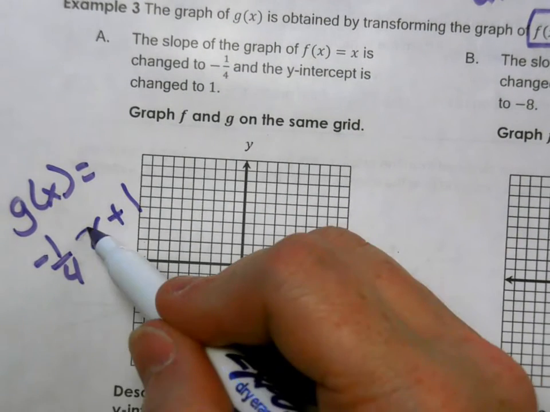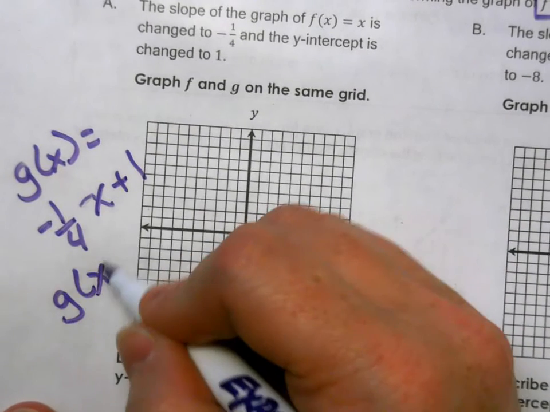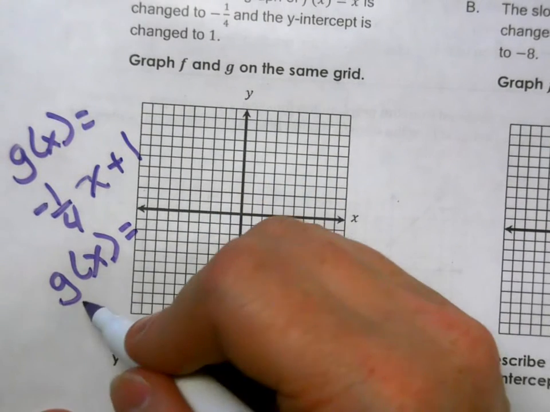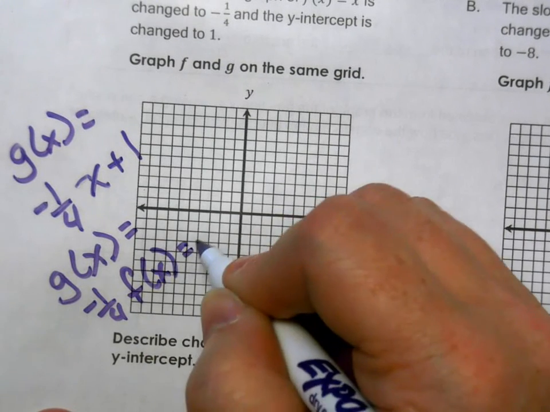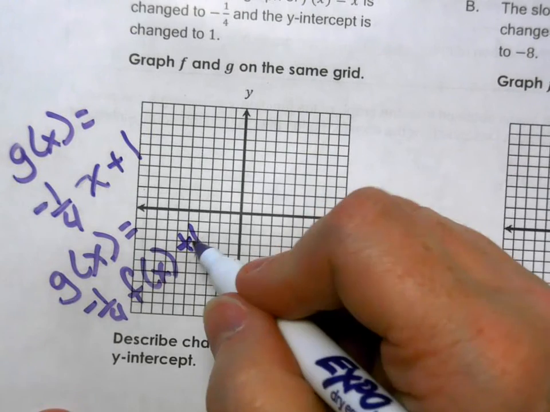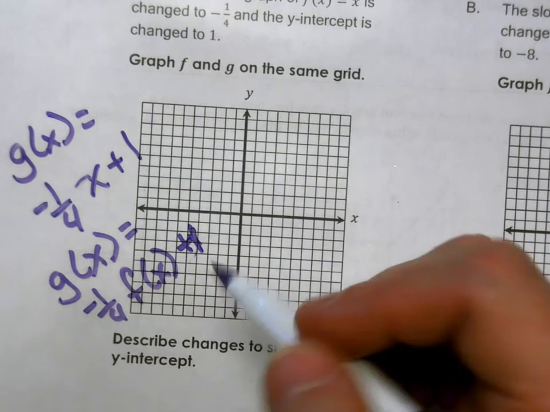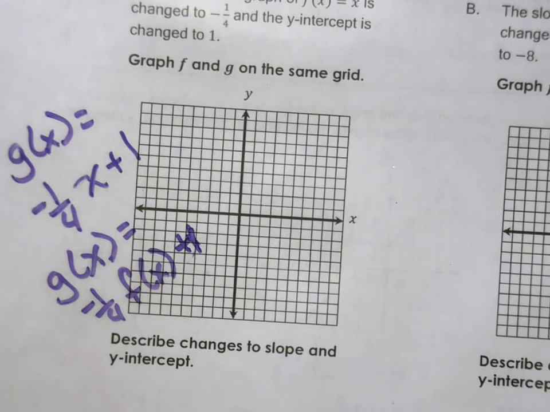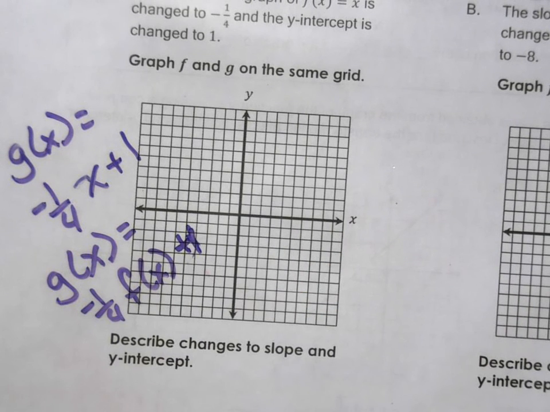Now, if we wrote it in function notation, just so that you know what it looks like, you would have the f of x there instead of just the plain x. They're the same thing, because we didn't make any changes inside the parentheses, but I want you to notice so that on the STAR test, if you see f of x inside something, don't panic.